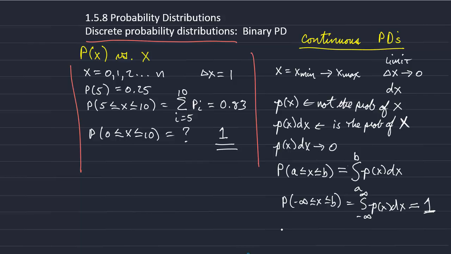And little p is called the probability density function.